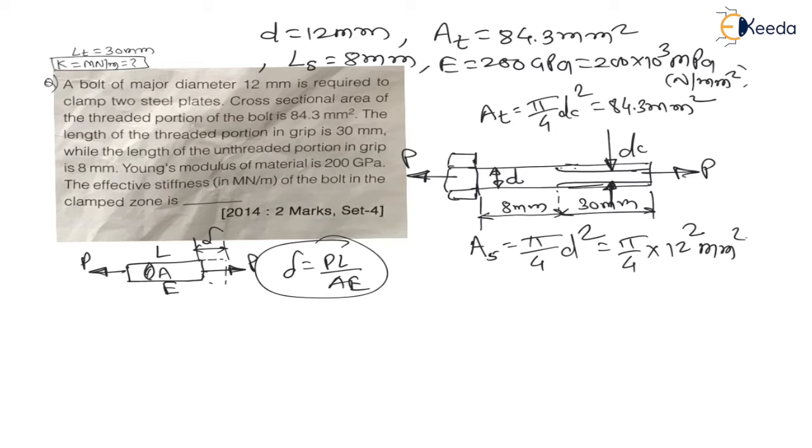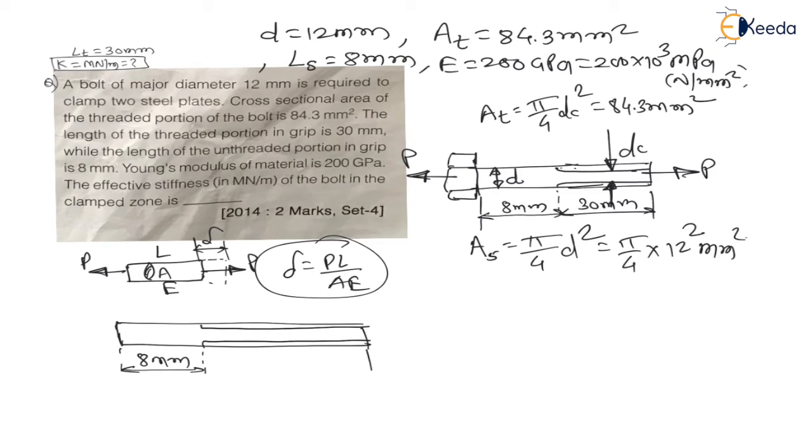Here if I see the threaded and unthreaded portion, the unthreaded portion is for 8 mm and the threaded portion is for 30 mm, and in this component force P is acting.